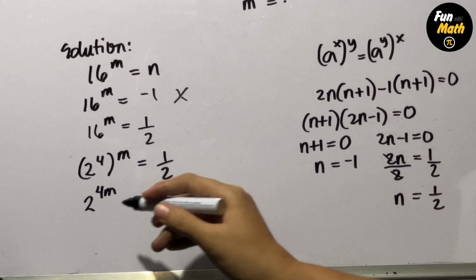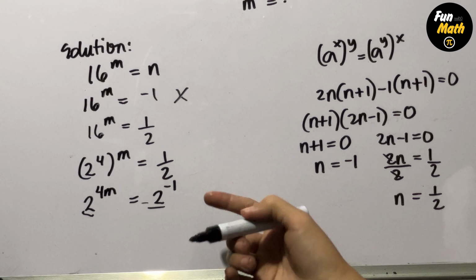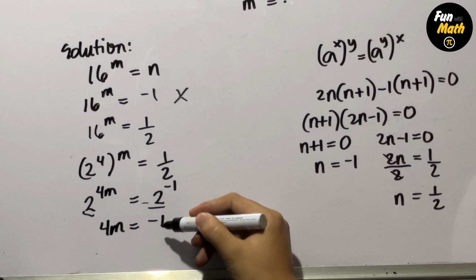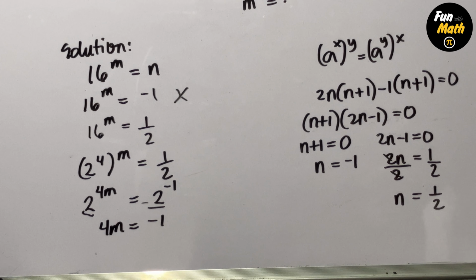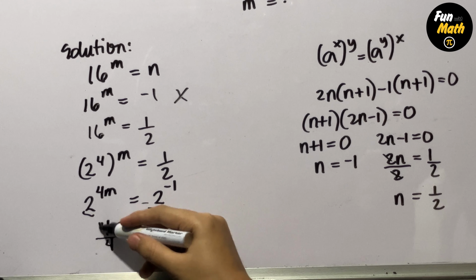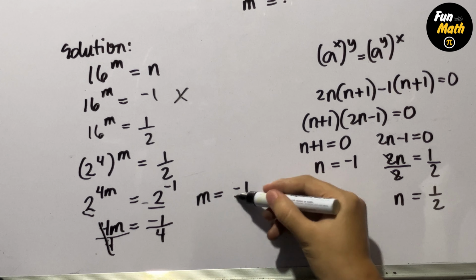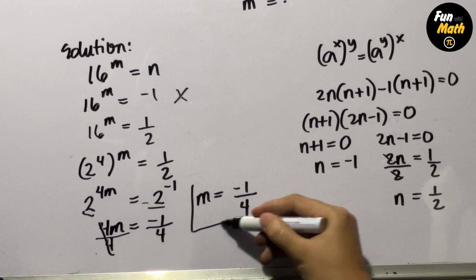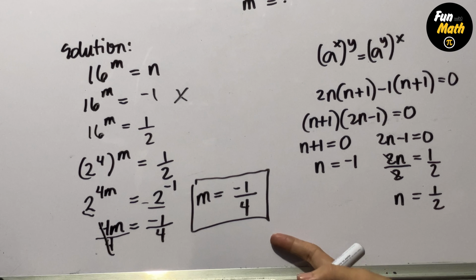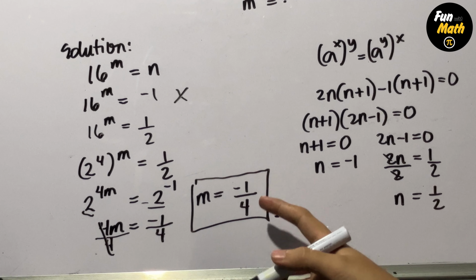Now they have the same base, 2 and 2, so we can equate the powers, and that is 4m is equal to negative 1. And then we can divide both sides by 4. So this is cancelled, and we have m is equal to negative 1 over 4. This is our final answer. Again, m is equal to negative 1 over 4.